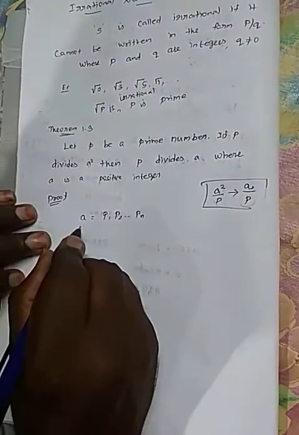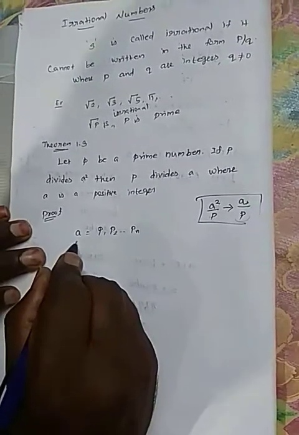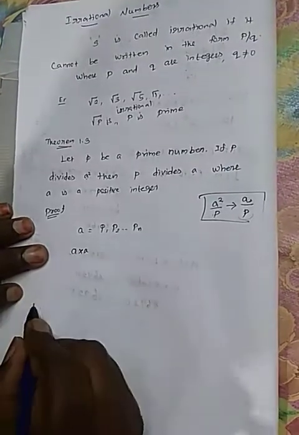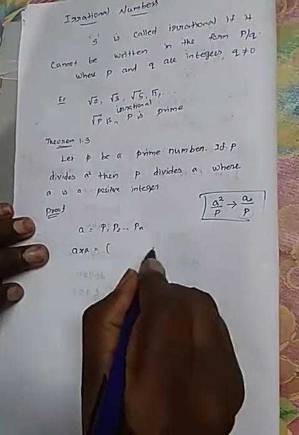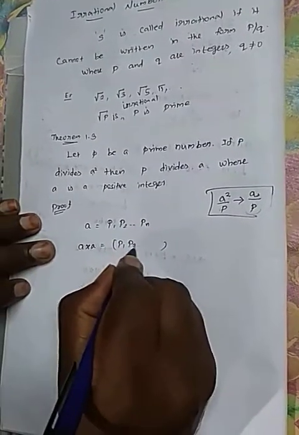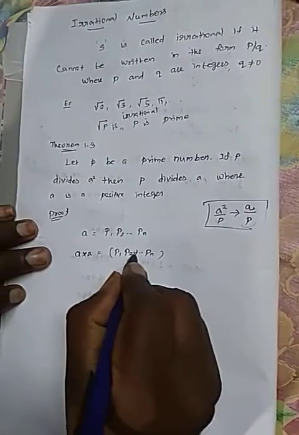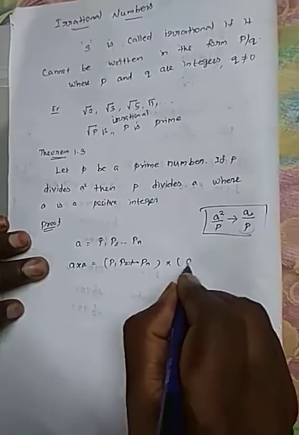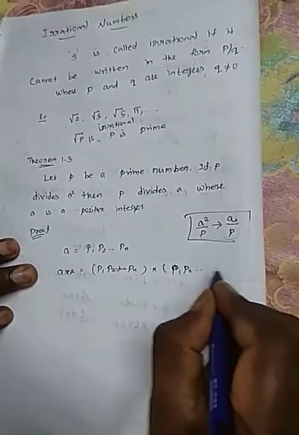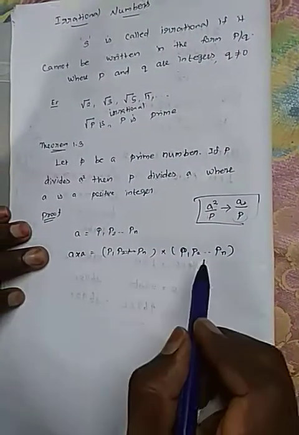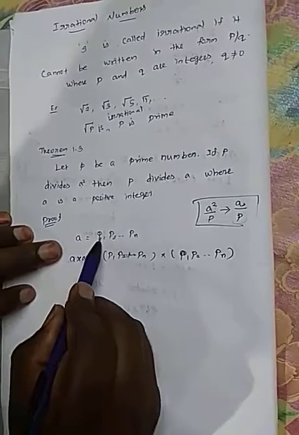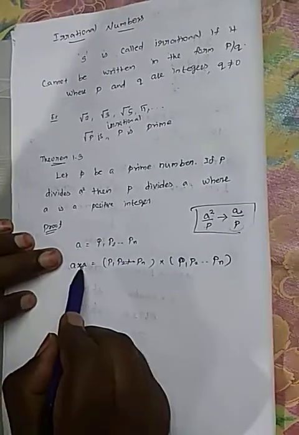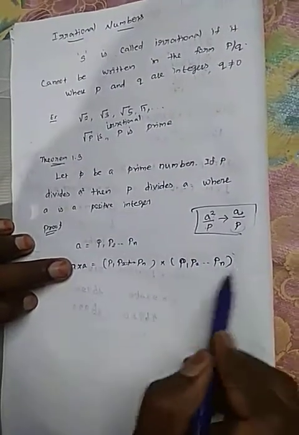Then I will take another number, the same a, and multiply. a square means a into a, and on the right-hand side I also multiply p1, p2 up to pn. Very clear? a we can write as p1 into p2 into p3 into p4 up to pn. Then multiply by the same a, so multiply by the same prime factors.